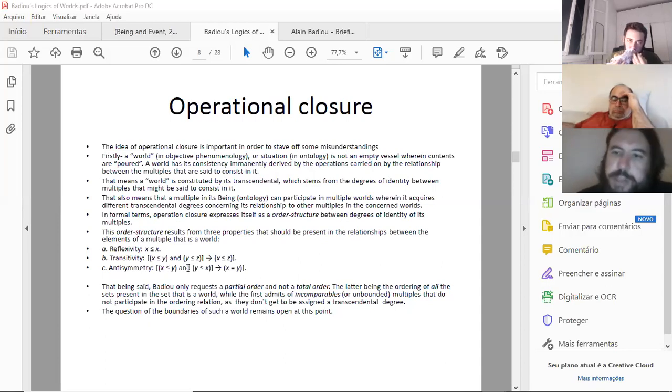It's not like you have a collection of transcendental degrees where some degrees are not ordered, but the functions are either totally ordered or partially ordered. I think he's saying that the functions are partially ordered. I don't know if you get the difference that I'm trying to make.